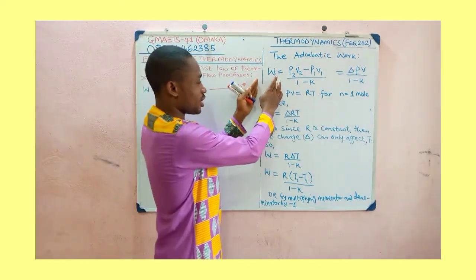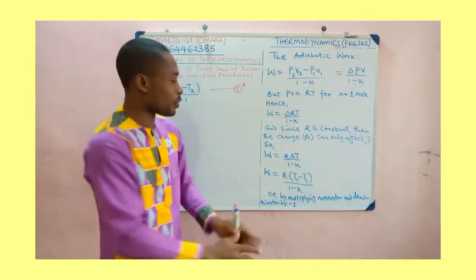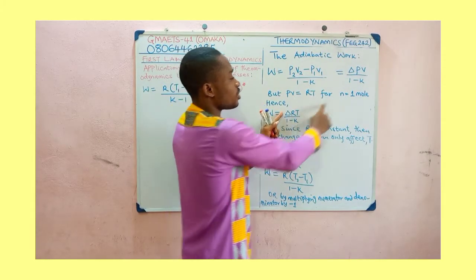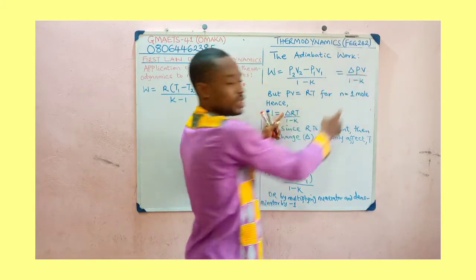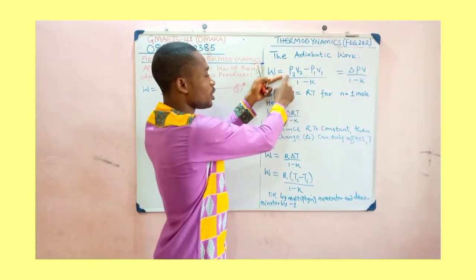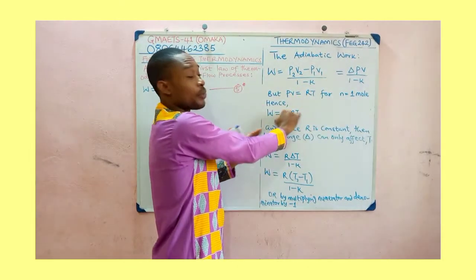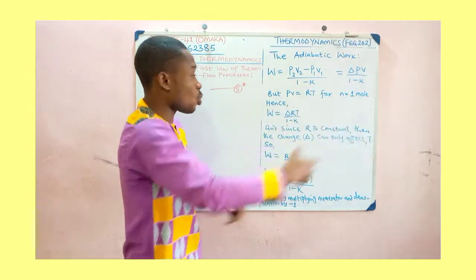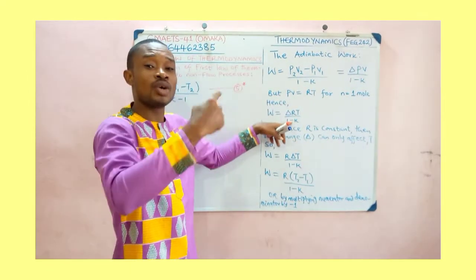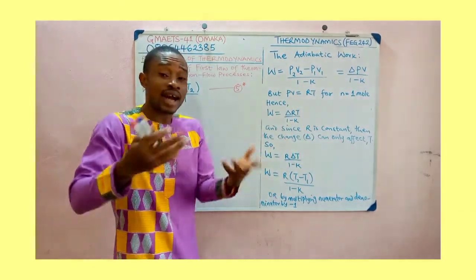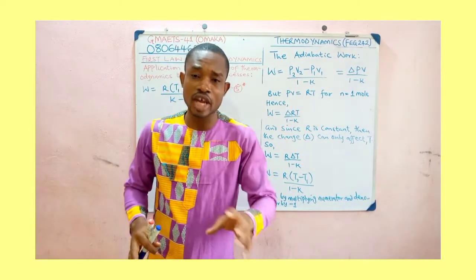Which means that the work can be written in terms of temperature as these. Okay, W equal to change RT, where this change RT represents change PV in the order P2 V2 minus P1 V1, which means that the change in temperature here will be T2 minus T1, because the denominator is what? 1 minus K. Alright, now we notice that R is a constant, universal gas constant, it doesn't change.